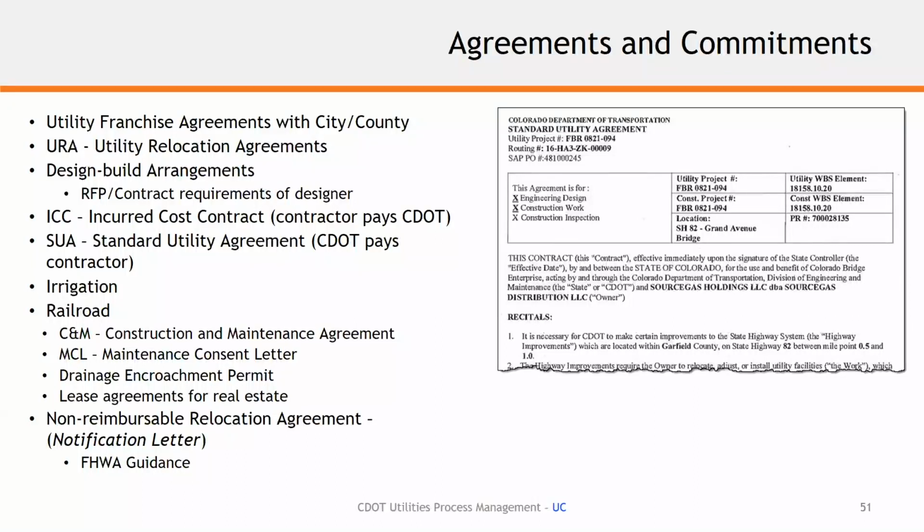And so irrigation companies, we have a lot of irrigation crossings throughout the state. So we'll use a standard utility agreement to pay irrigation companies. And for some stuff, we do have an irrigation agreement that's really more, it's not for exchanging of funds. It is for notice to the irrigation company about a change in their facility.